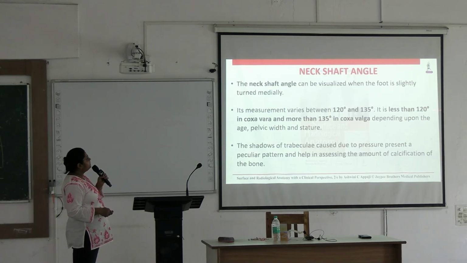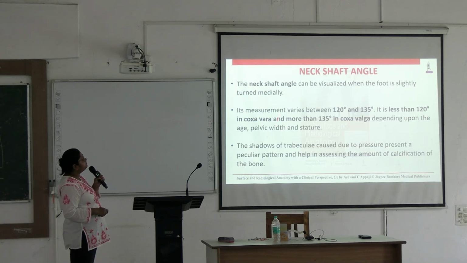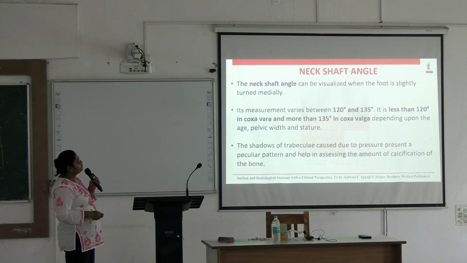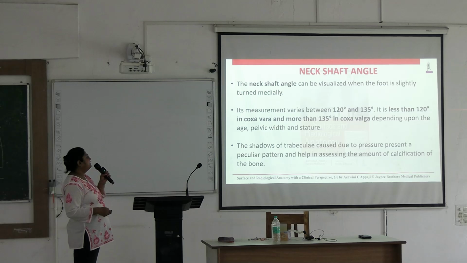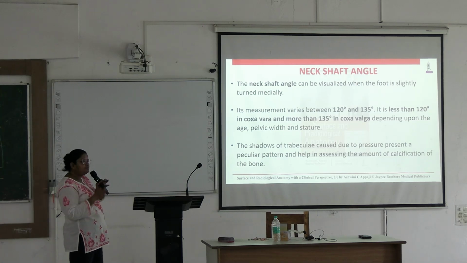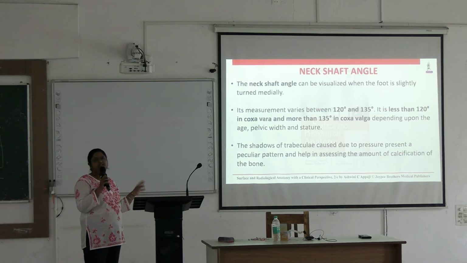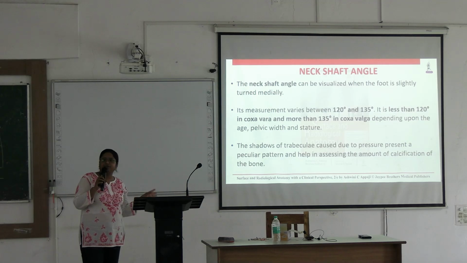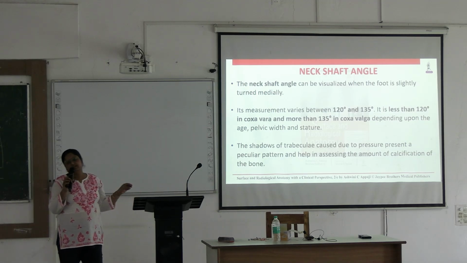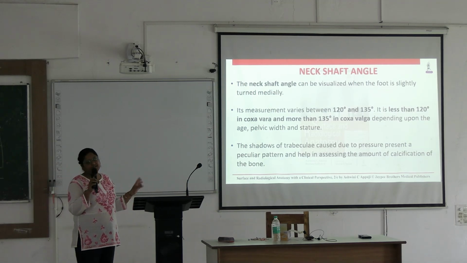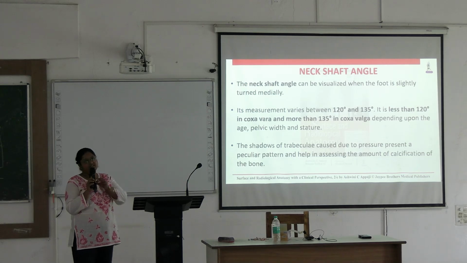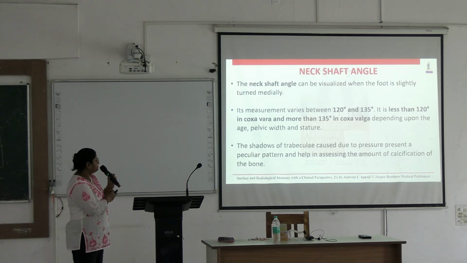It is less than 120 degree in case of coxa vara and more than 135 degree in coxa valga, and depending upon the age of the patient, pelvic width and stature of the patient. Okay, and this angle is more, almost 160 degree in the children. Okay, don't confuse as it is an abnormal condition. This is normal in children, almost 160 degree neck shaft angle.